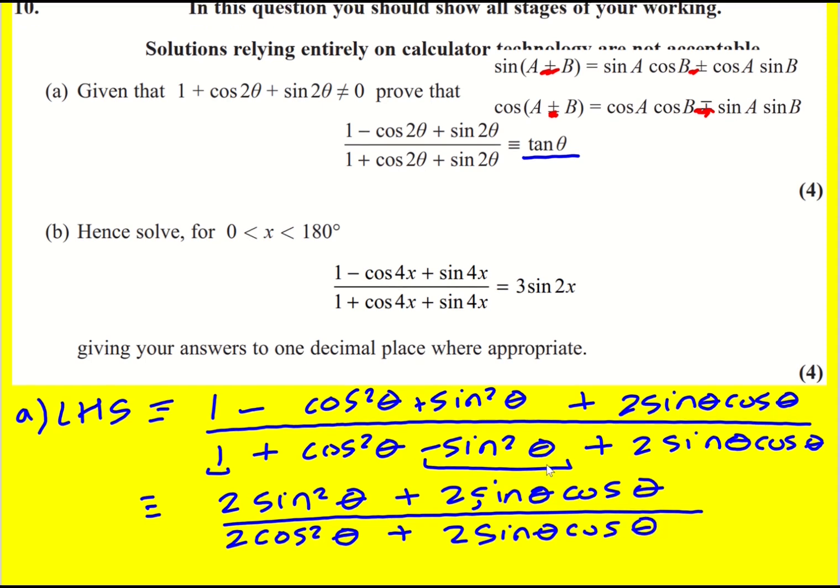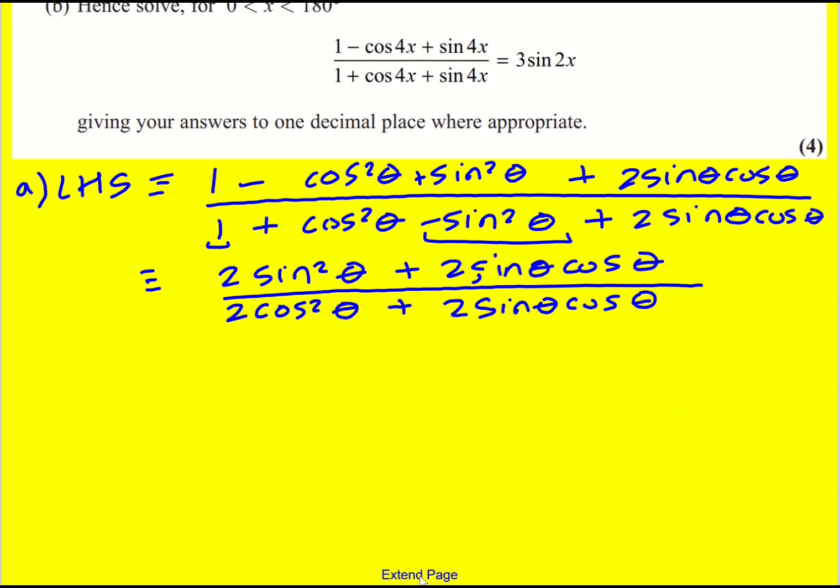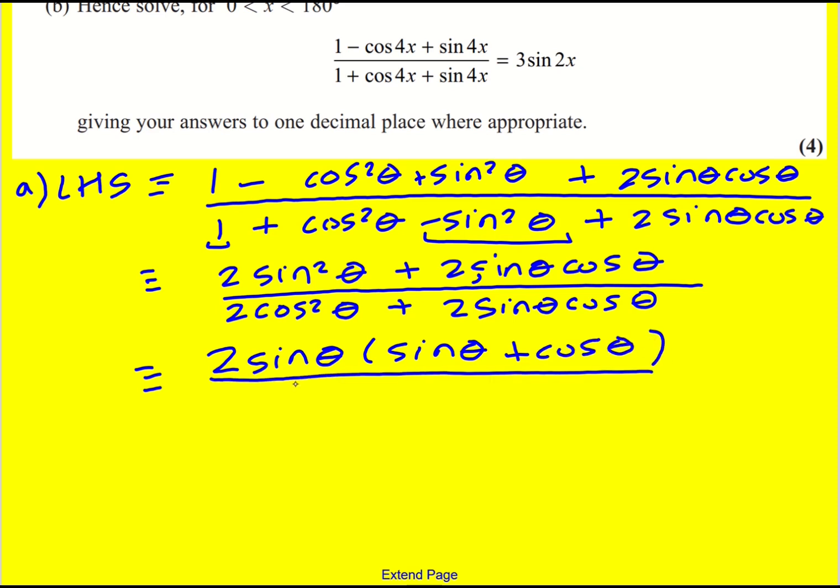Now we've got some common factors. We didn't have that before. So on the top I can factorize out 2 and the sine theta, leaving me sine theta plus cos theta. What's on the bottom? I've got 2 cos theta as a factor, leaving me cos theta plus sine theta.